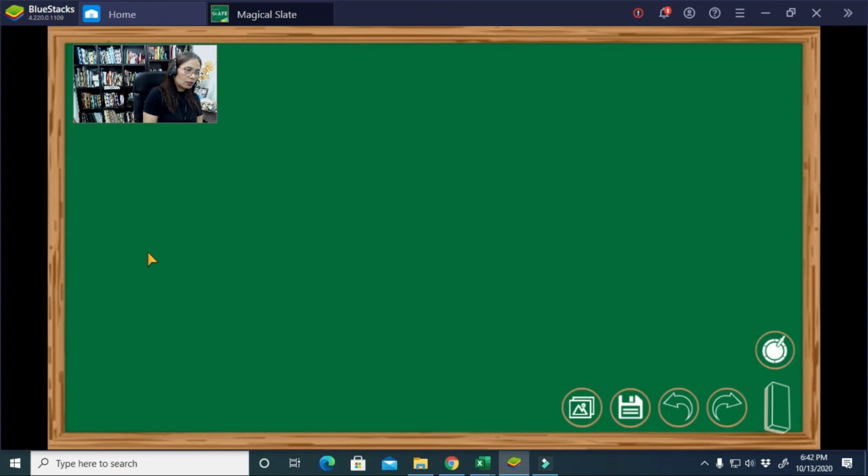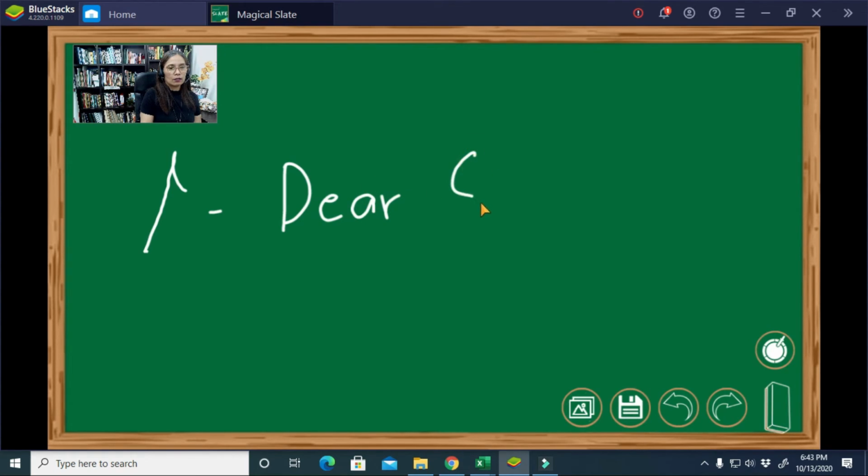Example, this symbol, the DS is what we call dear sir. This is a salutation, dear sir. Now, ask me why DS is the symbol. We only have to get the beginning of the word, D and S. So that is dear sir.